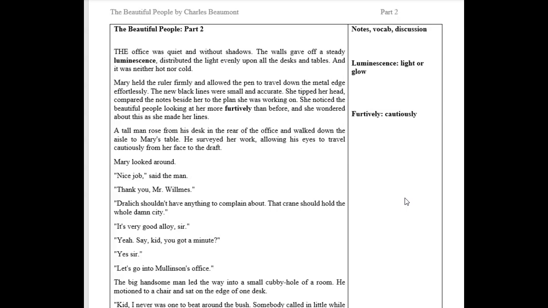So just a reminder, what we read last time, this takes place in a society where everybody has this plastic surgery to make every single person in the society absolutely beautiful. Many of them look alike. No one has any distinct individuality because nobody has any imperfections. And Mary, who is the main character of the story, she wants to be different than everybody else.